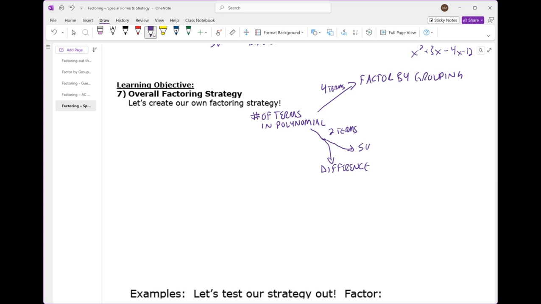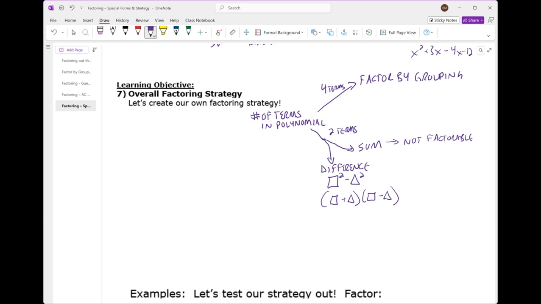Or is it a sum? If it's a sum, it's not factorable. And if it's a difference, if it looks anything like this, I know that it's going to factor into this form. So here I replaced the letters with just shapes.